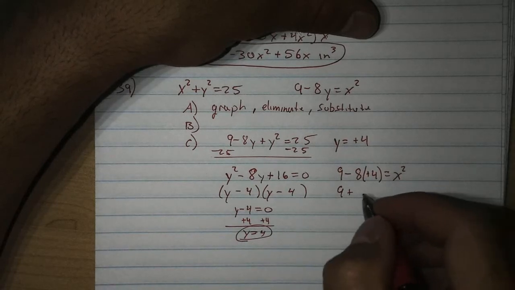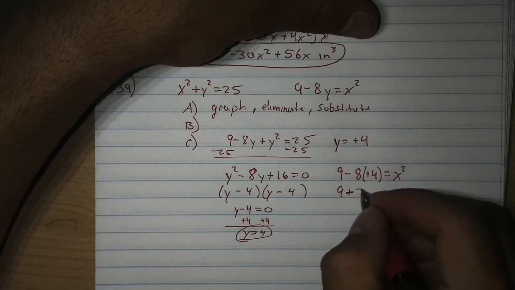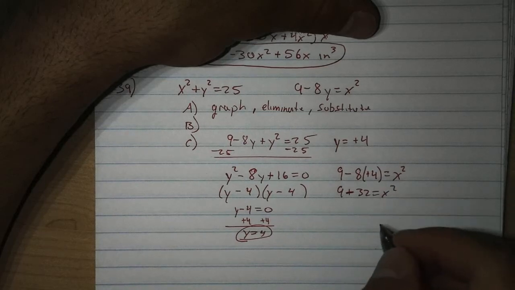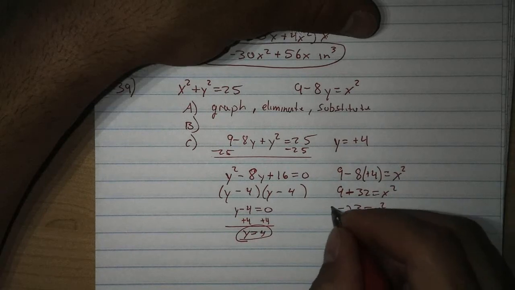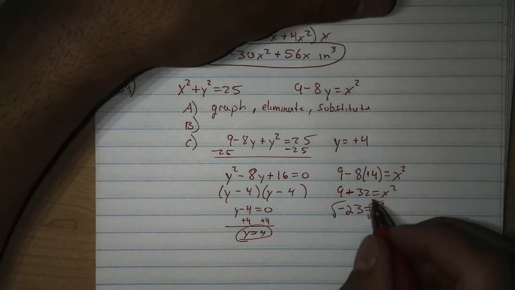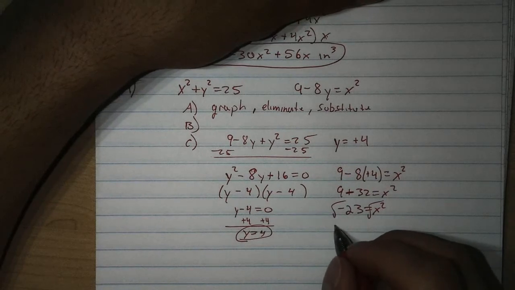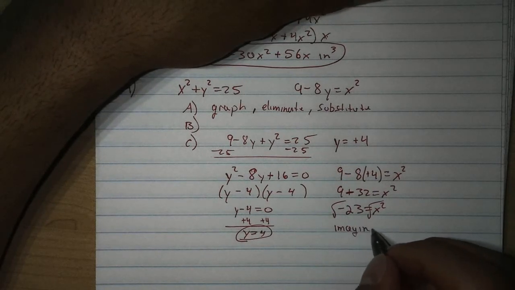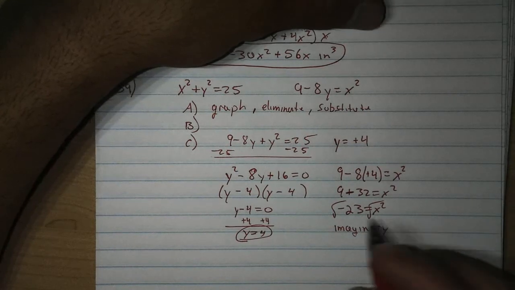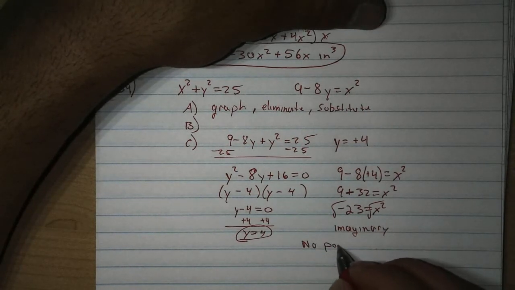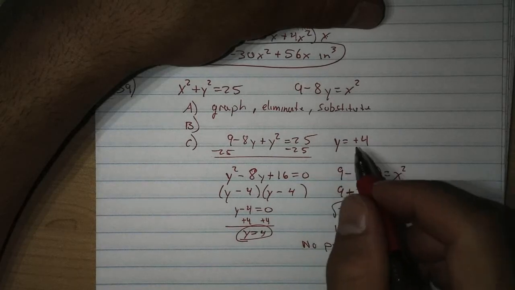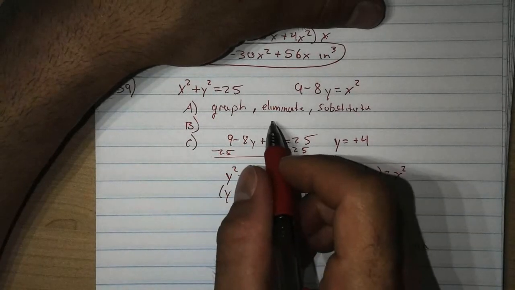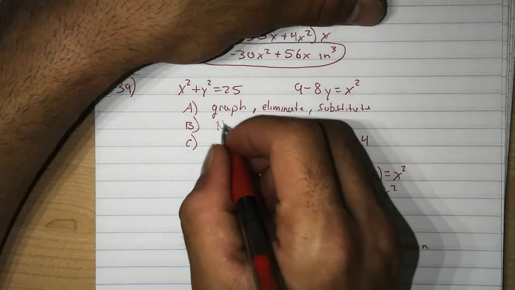We get 9 minus 32. So negative 23 equals x squared, square root. We can't take the square root of a negative. This is imaginary, meaning there's no point of collision. If there was an answer, that would be the coordinate with this y, and then you would say, yes, there is a point of collision, this is the point. But here there is no point of collision.